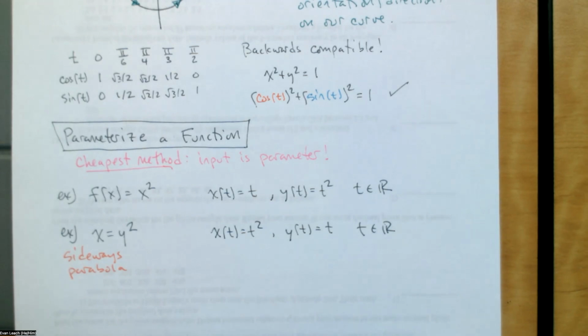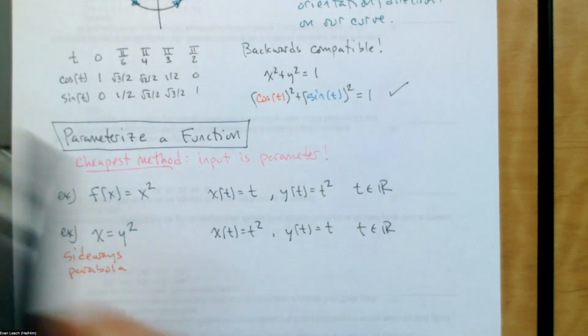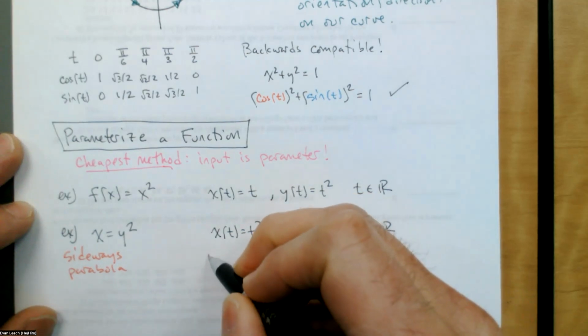So one of the things that goes along with this particular parameterization is that we have established an orientation on our parabola. It is a sideways parabola, but it's not just going to be a parabola.